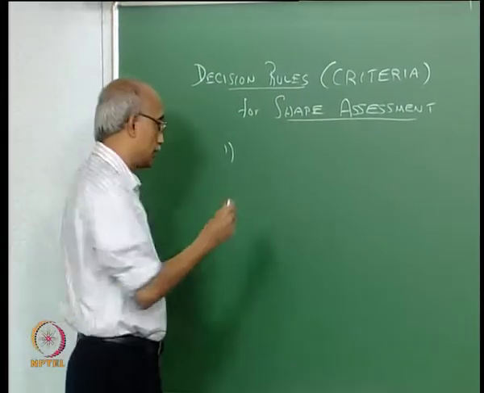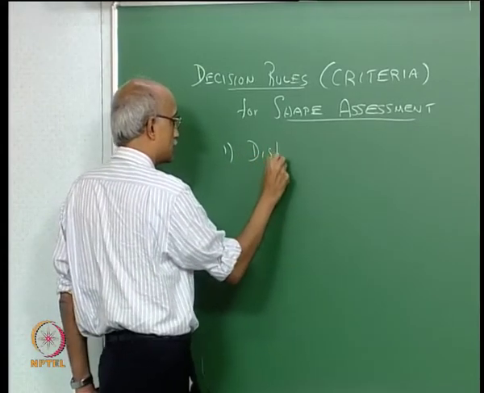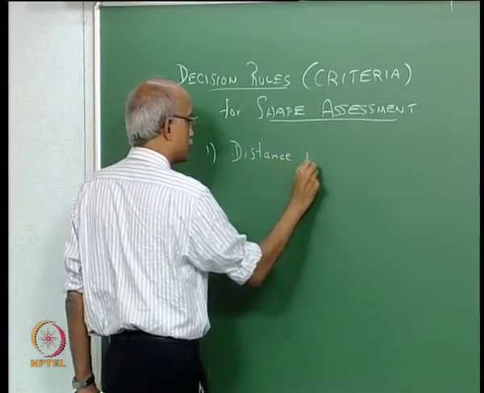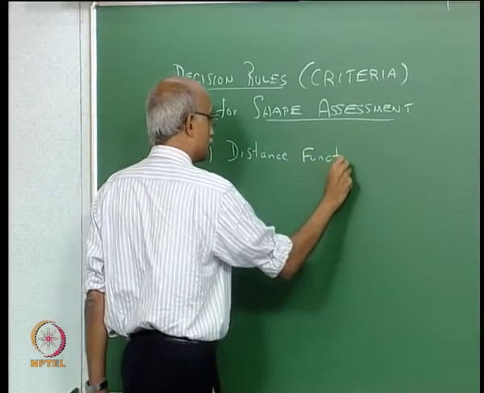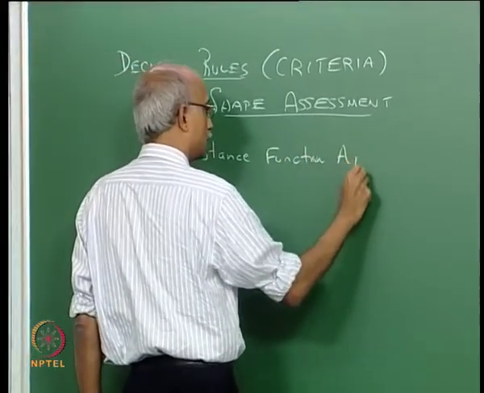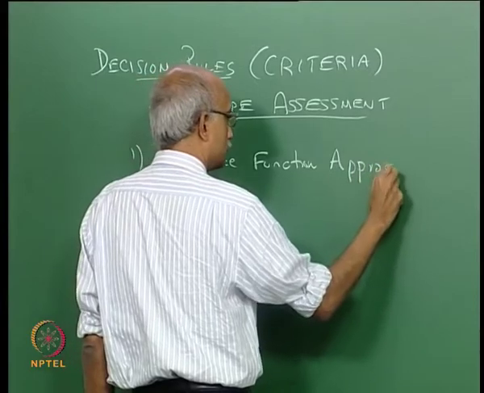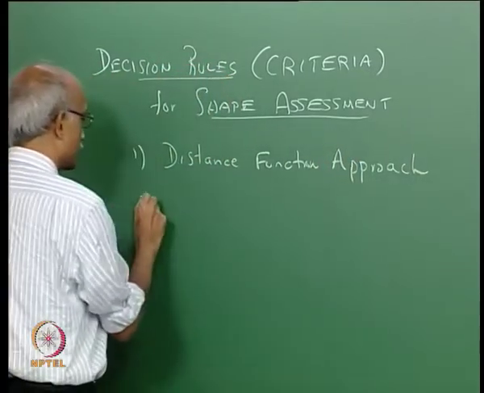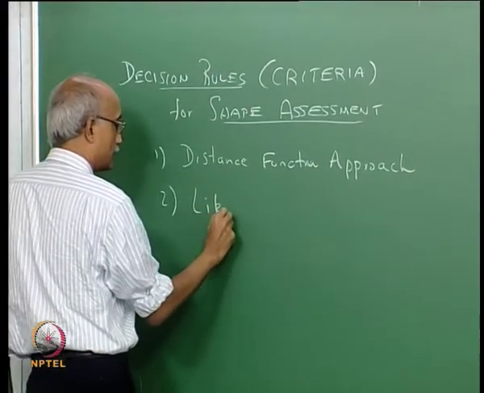The first method is known as the distance function approach. The second method is known as the likelihood function approach.